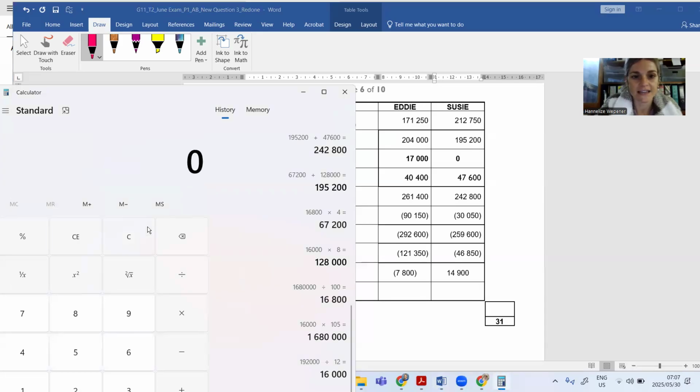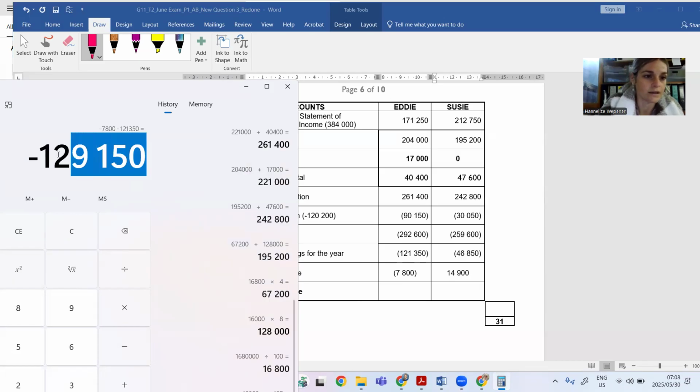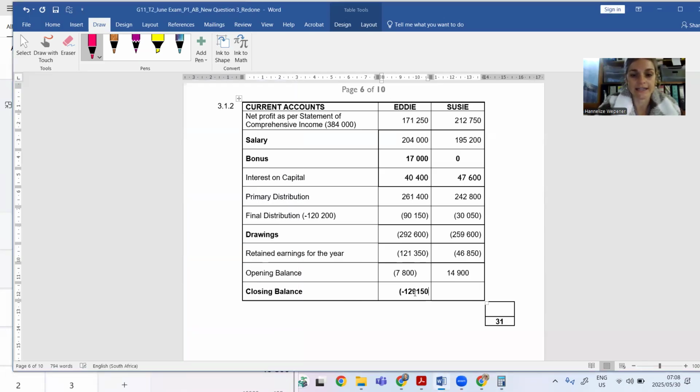So therefore I'm taking the opening balance. He had a negative opening balance, right? And I'm going to now say minus a further 121,350 because he took more than what he earned for the year. So he's ending on a negative balance, so a debit balance over here.